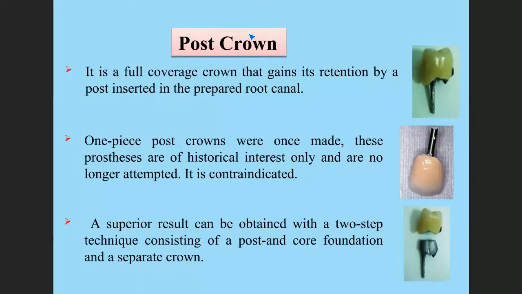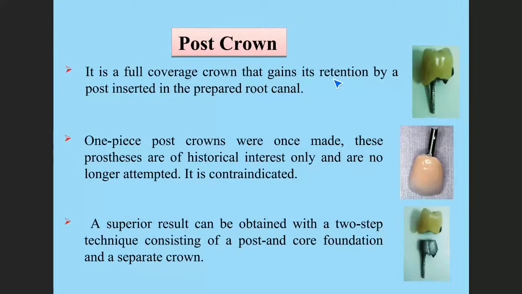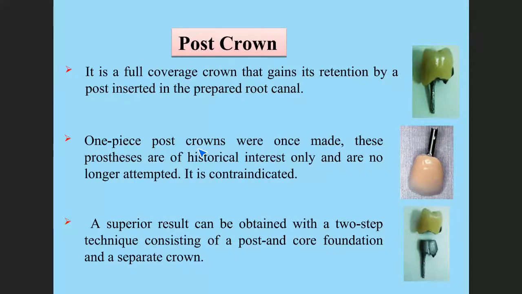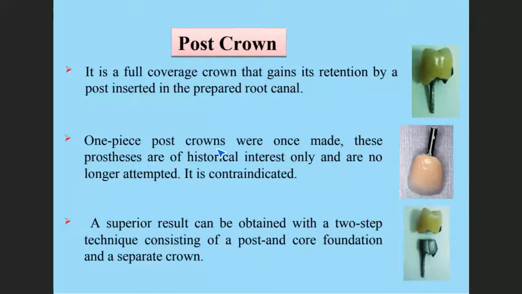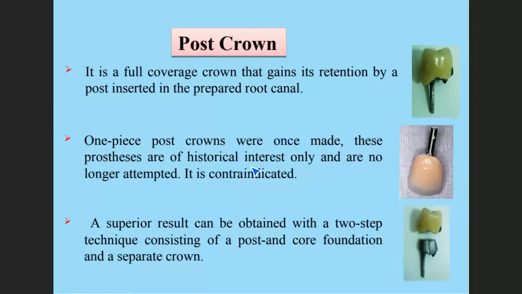Post crown. Last time, a full coverage crown which gains its retention by a post inserted in the prepared root was used. It is a one-piece crown, used in the past only, and it is now of historical interest and is contraindicated, because a superior result can be obtained with the two-step technique.